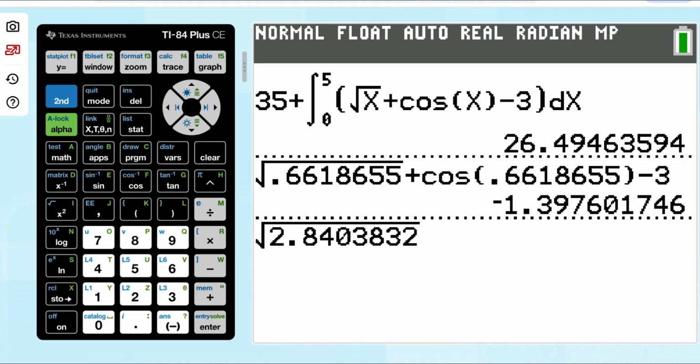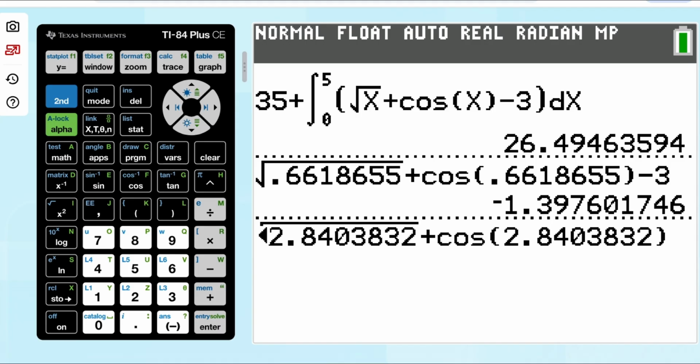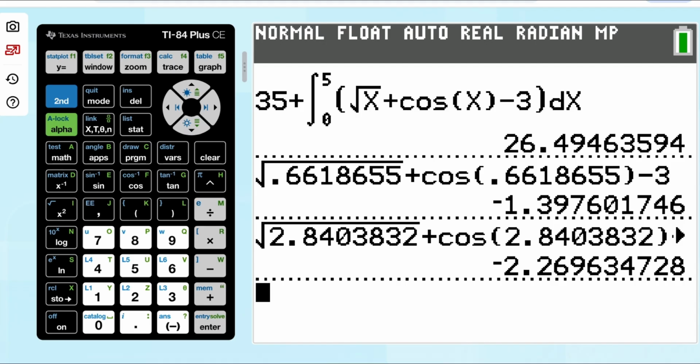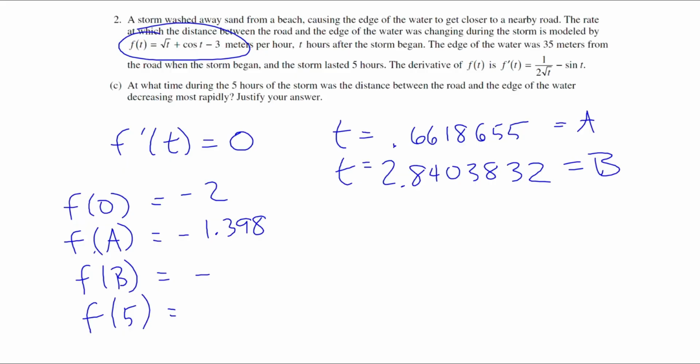And we want to add to that the cosine of 2.8403832, and then subtract 3. That gives us negative 2.270 when we round that. So we'll give that a negative 2.270.